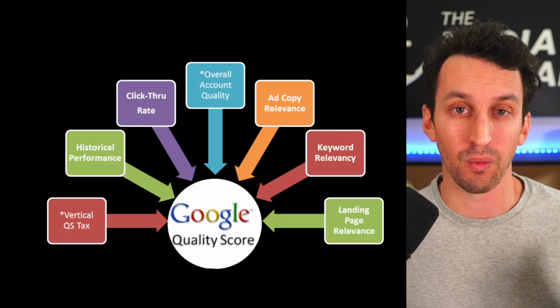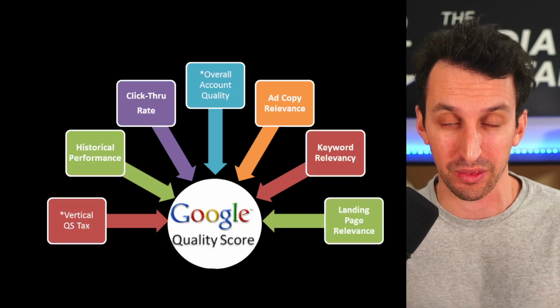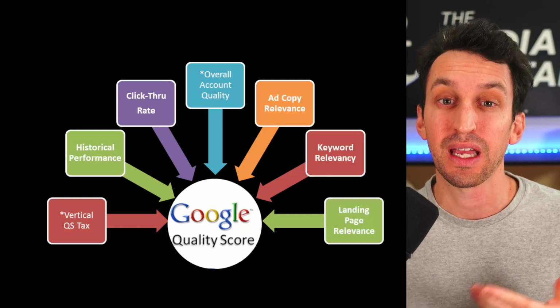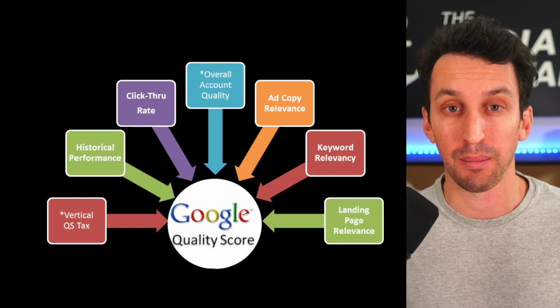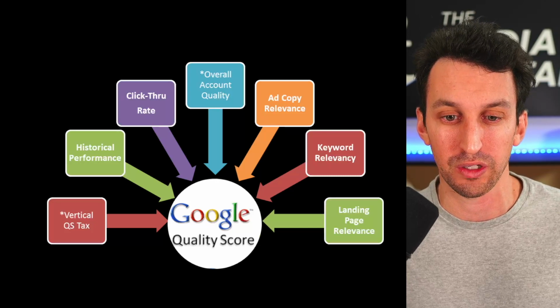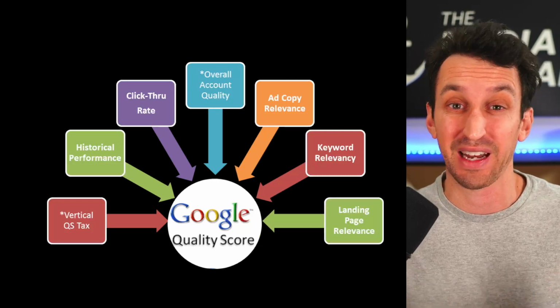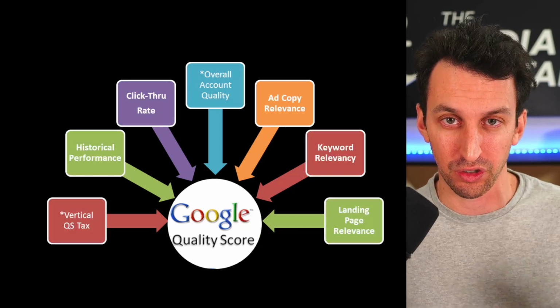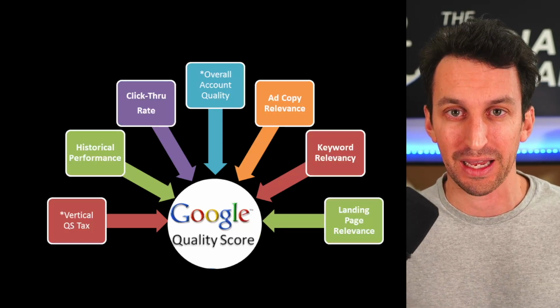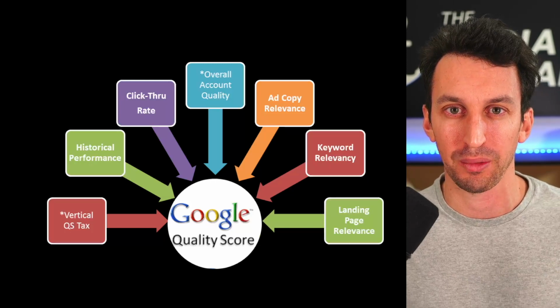So when you do all of those items, keywords aligning with ad copy, aligning with landing page, it increases your quality score. Other things go into quality score, such as overall account performance and click-through rate, but you're going to have a higher click-through rate when you get good keywords with compelling ad copy. So quality score is extremely important for your PPC performance.